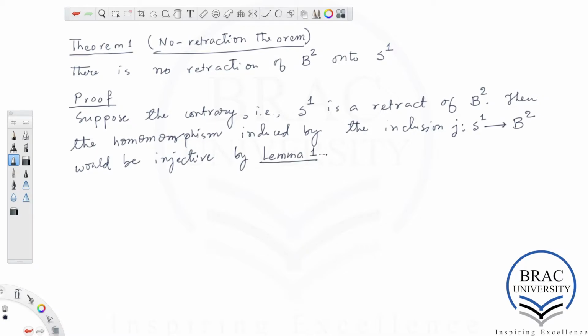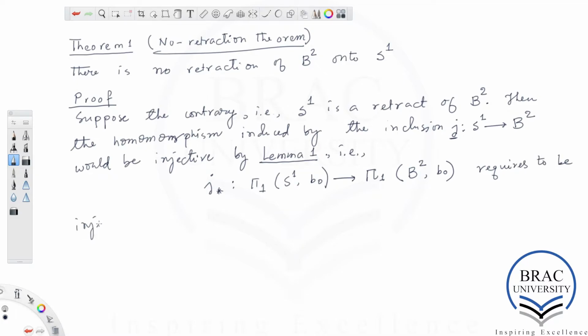So let me write it. J star, the induced homomorphism of this inclusion map from pi 1 S1 comma B0, so the fundamental group of the circle with reference to this distinguished point B0, to the fundamental group of the unit ball with reference to the same point B0, since it's an inclusion map. This requires to be injective.